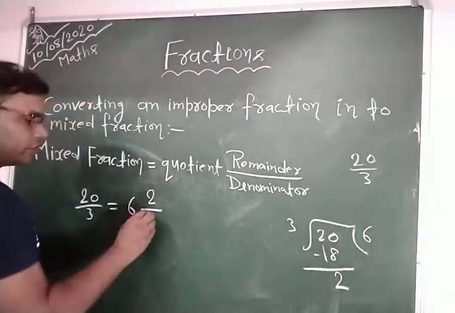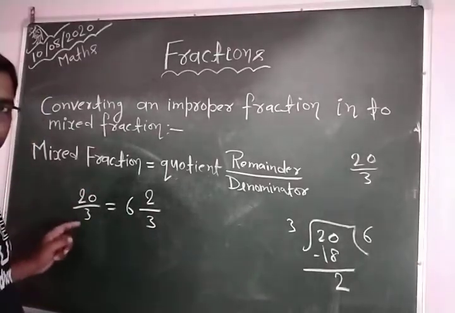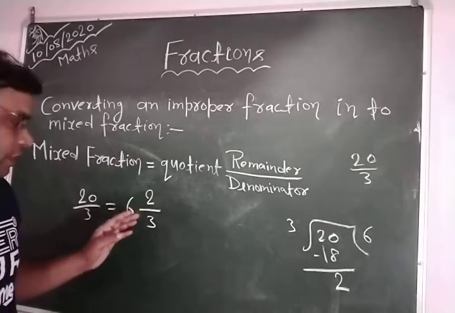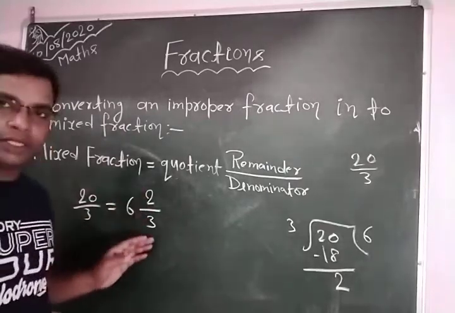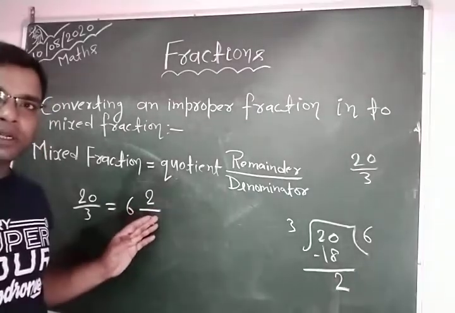So 20 by 3 is equal to 6 whole 2 by 3. We read it 6 whole 2 by 3.